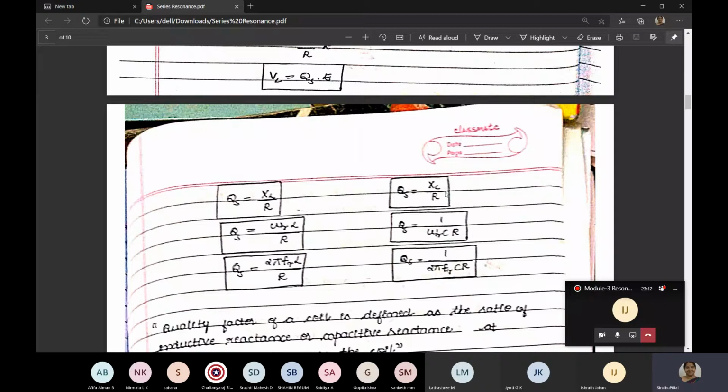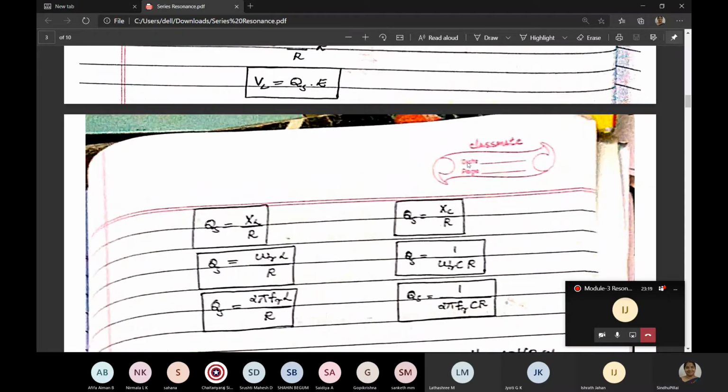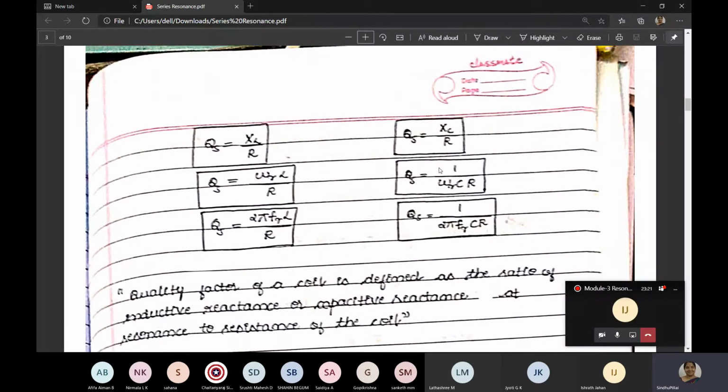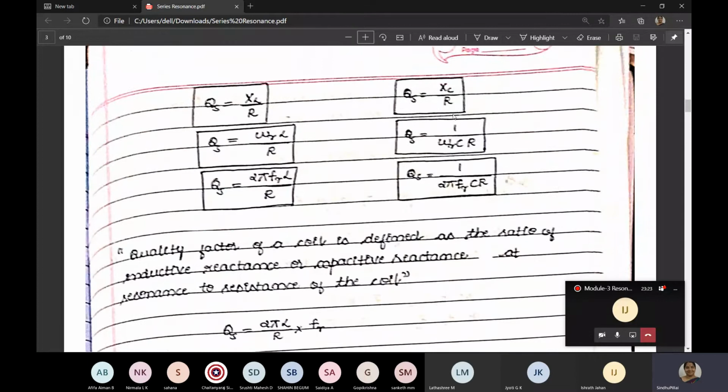The same quality factor is written for capacitance here. Capacitance is XC, QS is equal to XC by R. XC is 1 by omega R C, and omega can be split into 2 pi FR C. These are the formulas.